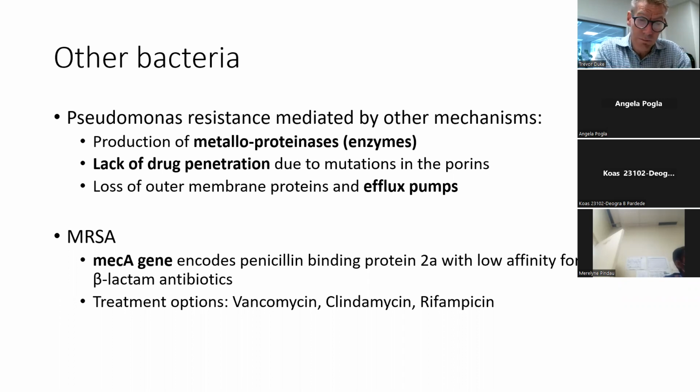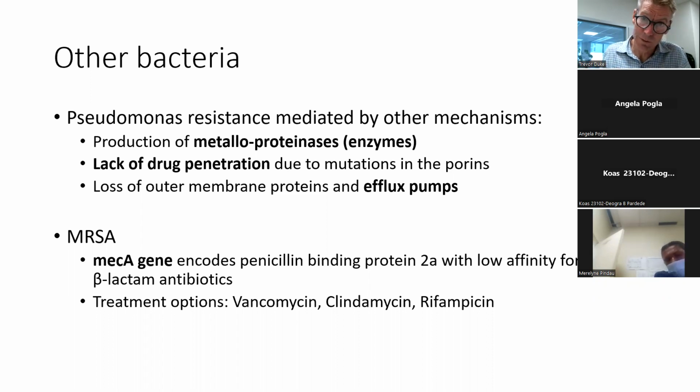And as I mentioned earlier, there is an increasing risk of MRSA, including community-acquired MRSA, and that's not ESBL in origin. ESBL is mostly in gram-negatives, and Staph aureus is a gram-positive. But there's a gene called the MEK-A gene that leads to methicillin-resistant Staph aureus, or flucloxacillin or cloxacillin-resistant Staph aureus.